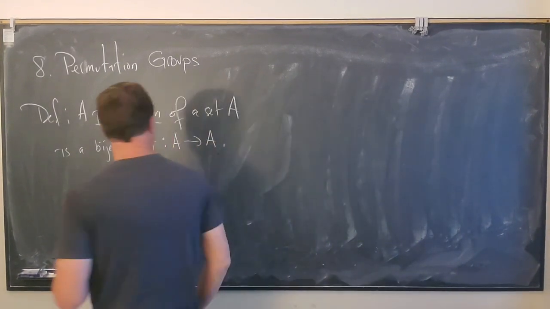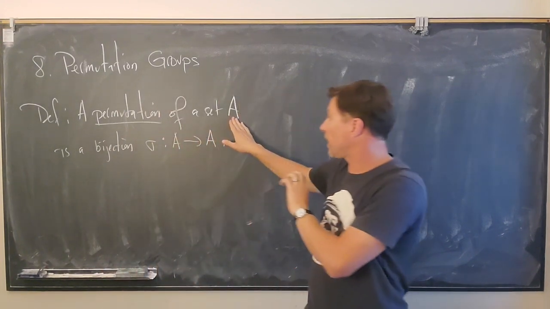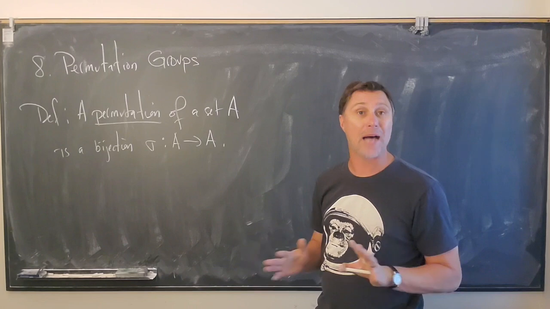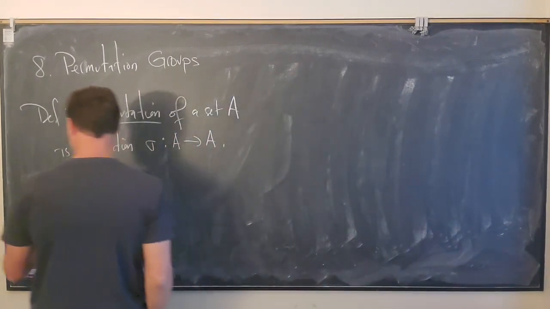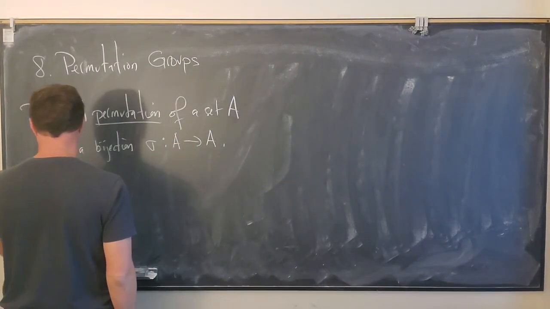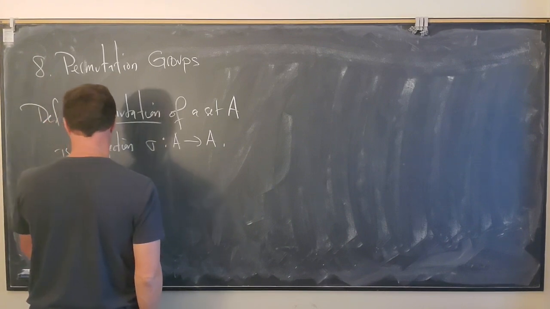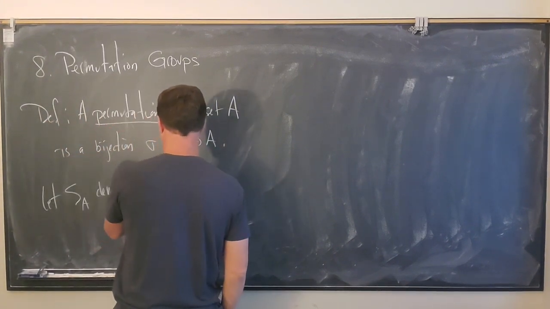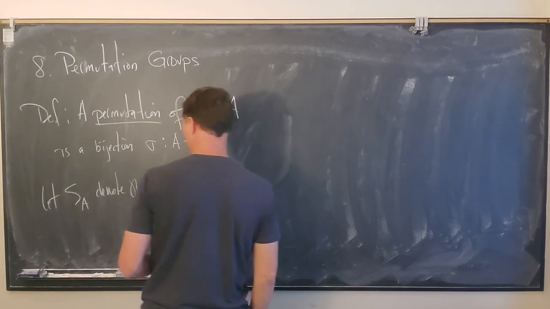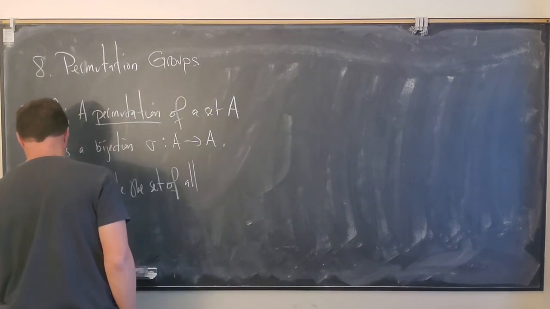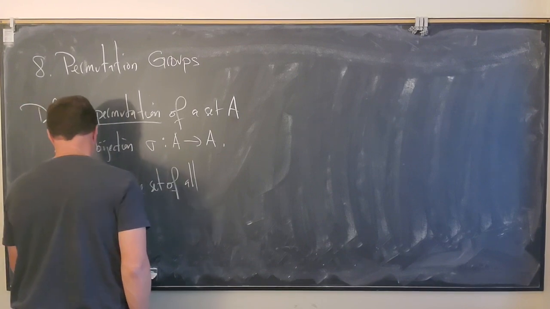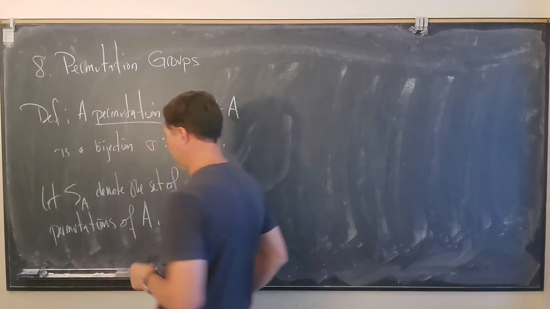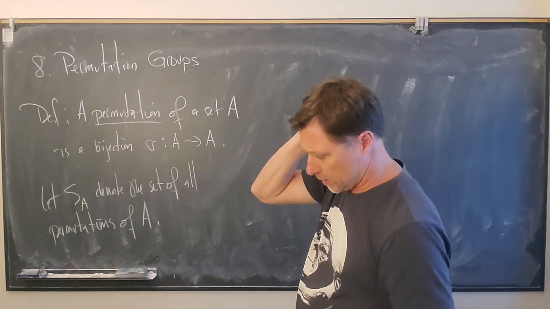Now, let's fix a set capital A, and let's think about the set of all possible permutations. So let capital S sub A denote the set of all permutations of capital A. Now, what do we know?